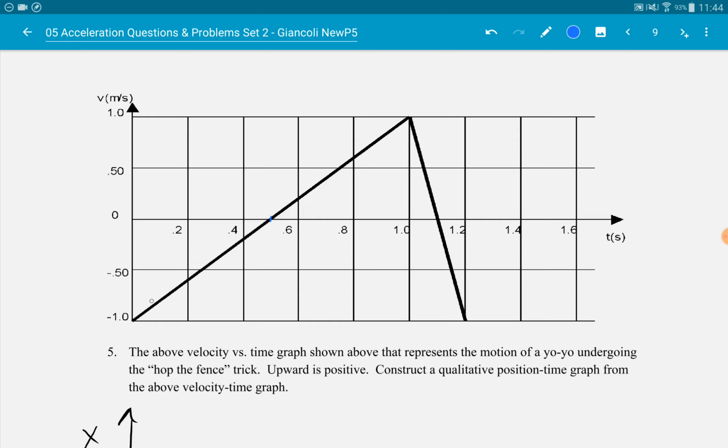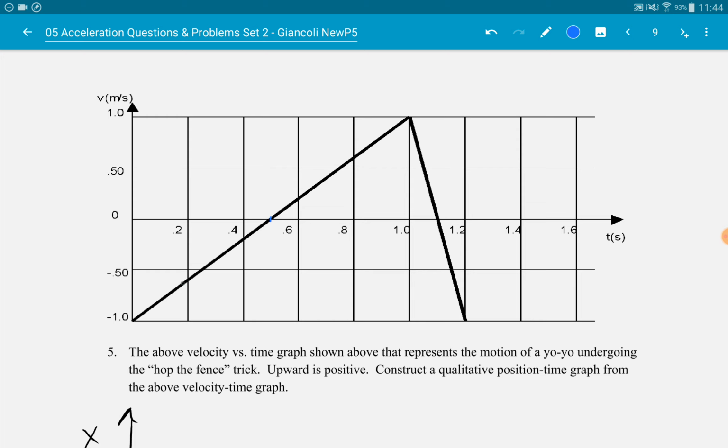So let's start from the beginning. What's happening at the beginning here? Well, the velocity is negative. Cool. That means that the yo-yo must be going down. That would be a good assumption, that down is negative and up is positive. So the yo-yo starts off going down, and over this first half second, check it out, it's always going down. The velocity here is continuously negative.